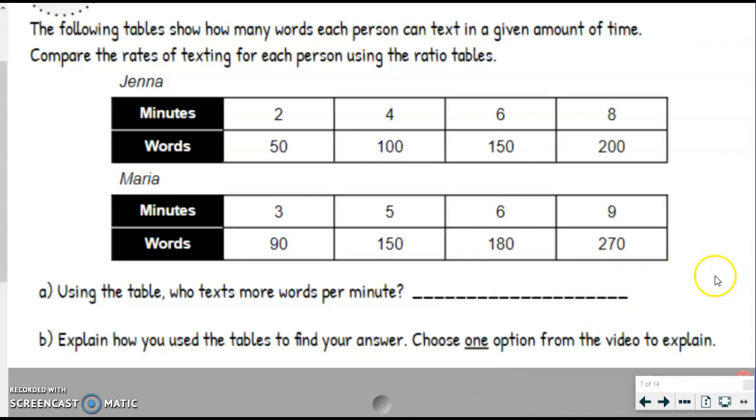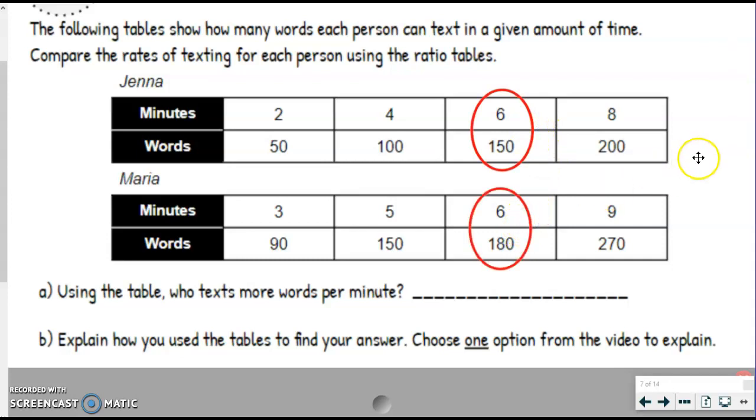So when we're looking for things on here to help compare, you have to have something be the same so that then you can look at the other thing to see what's different. What I noticed right away is that both of them have a 6 on here as far as the 6 minutes. So I'm going to focus right in on here.